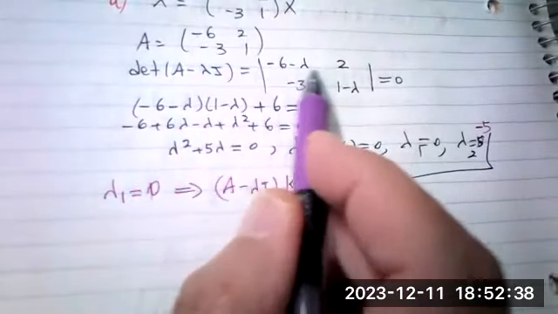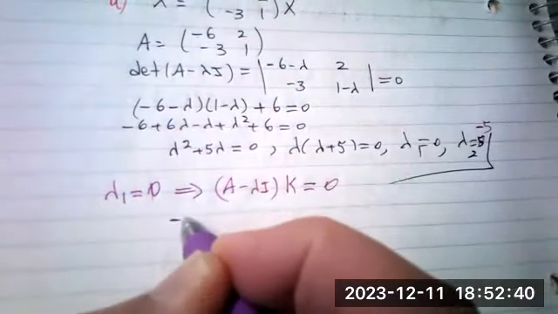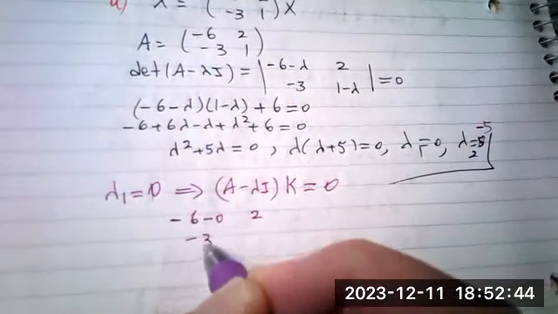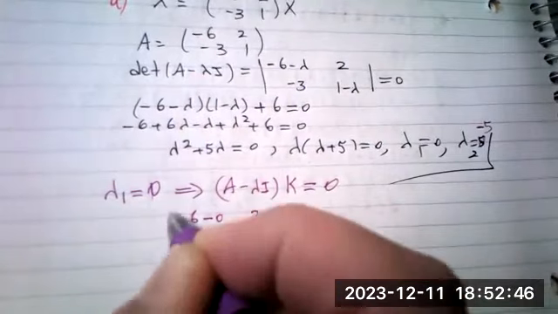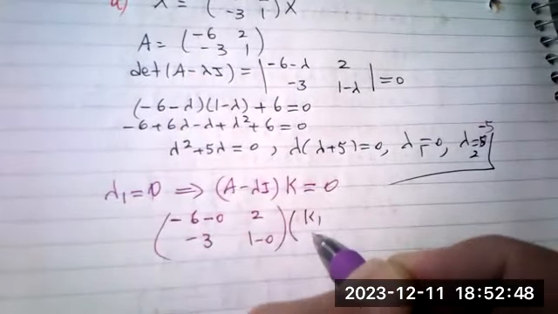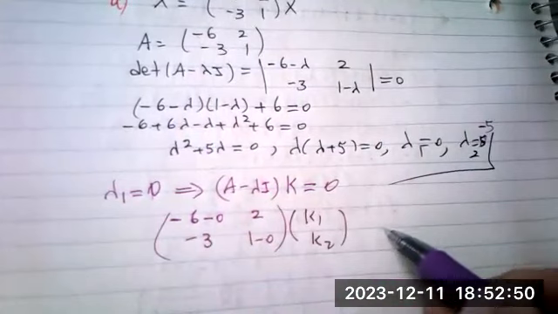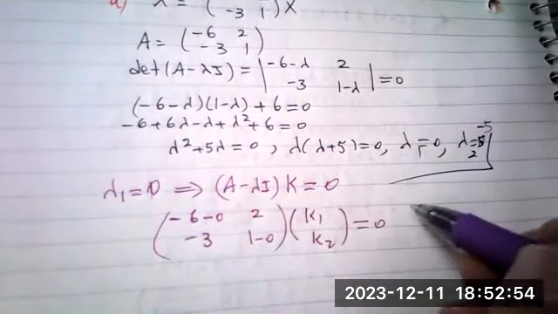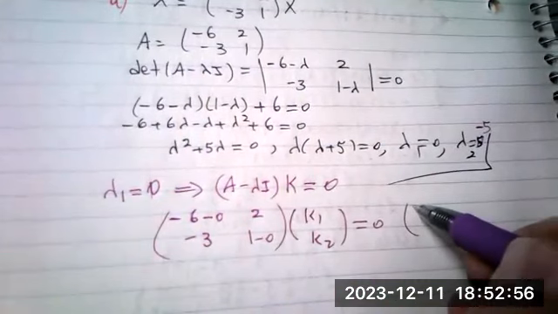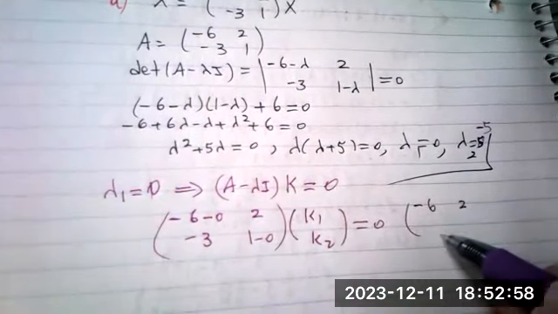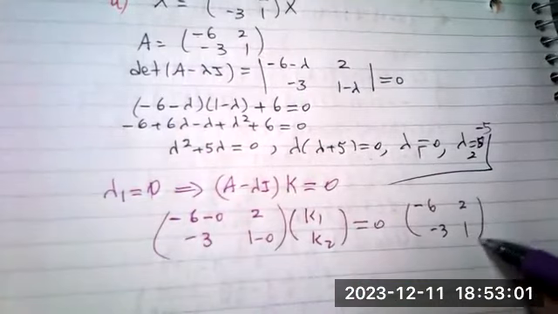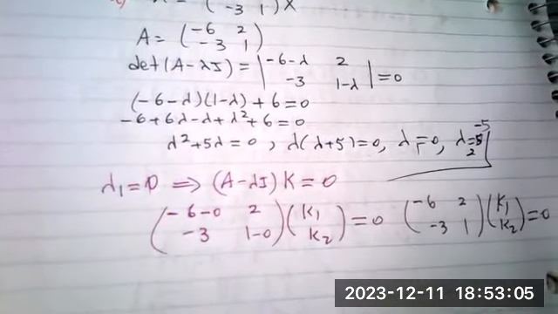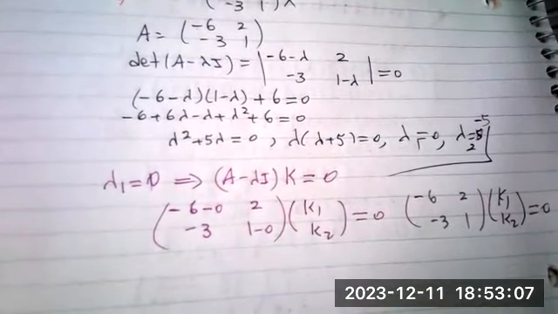You substitute here, so that gives you negative 6 minus 0, 2, negative 3, 1 minus 0, times k1, k2 equal to 0. As soon as you identify the first row, you go for it, because they are going to be a dependent system. Both rows would be the same, so multiply only one row and the column.